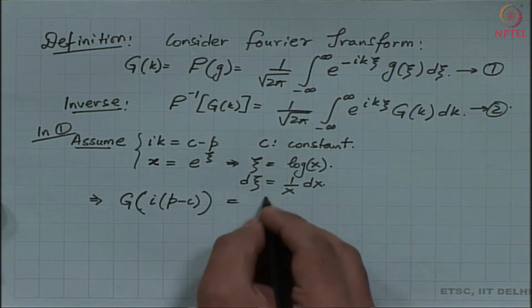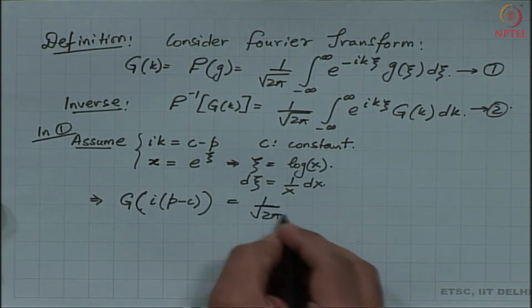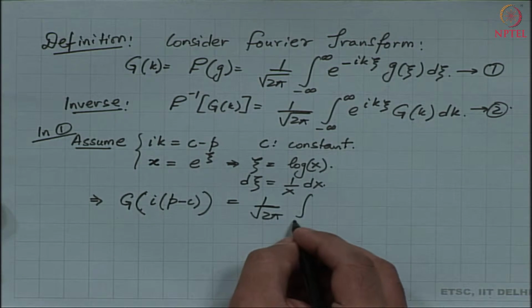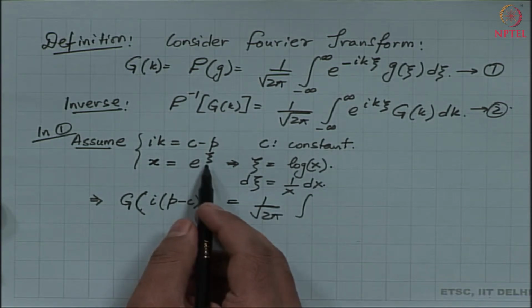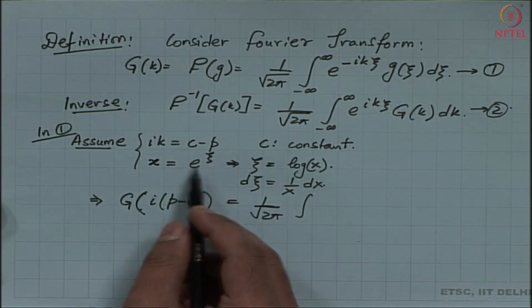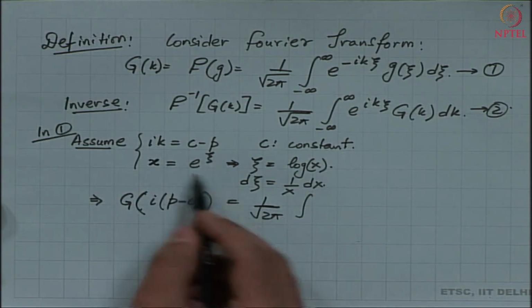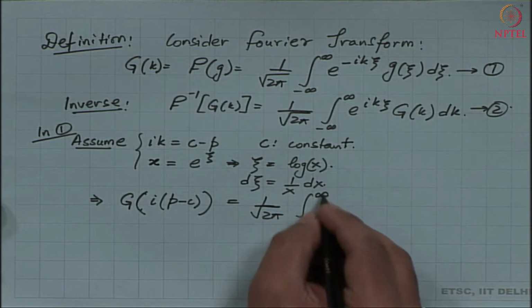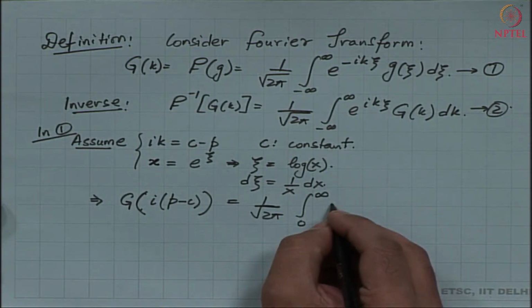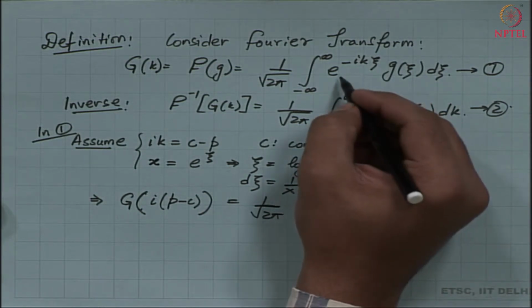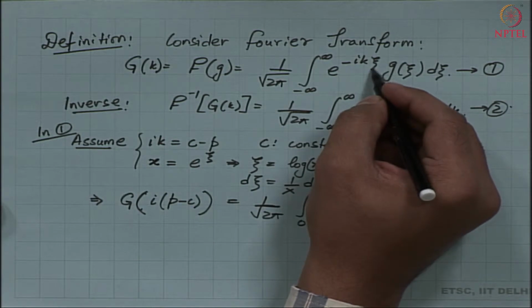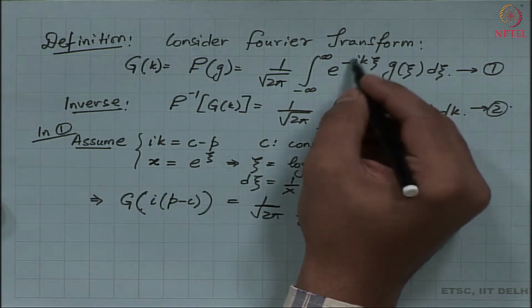On the right hand side I have 1 by square root 2 pi, integral from, this time notice that the zeta was from minus infinity to infinity, so x will be the exponential of that original variable, so 0 to infinity. So, we see that e to the power zeta is x, to the power i k.